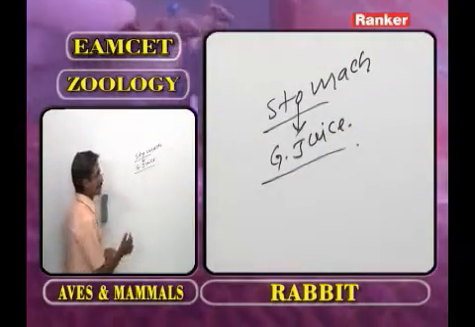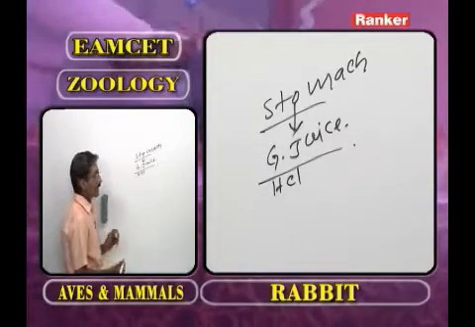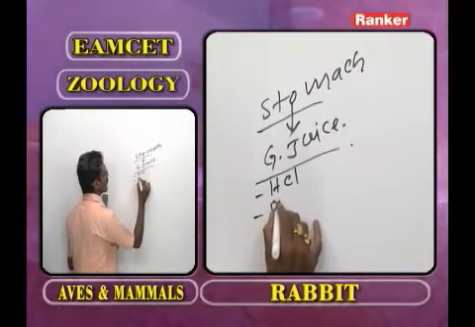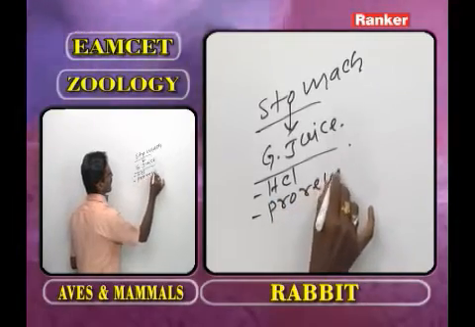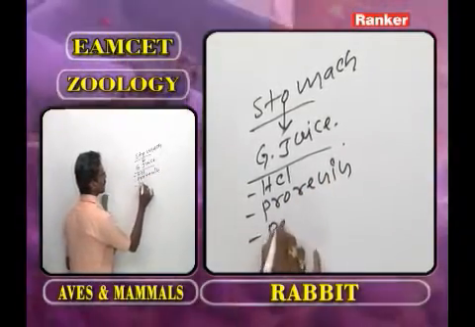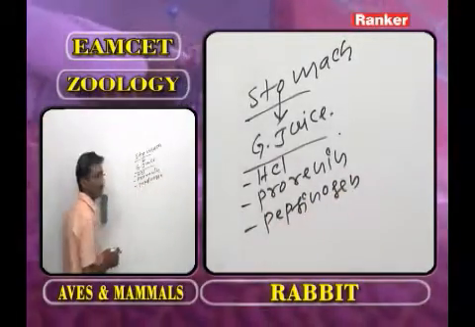Now in the gastric juice, what are the components? One is HCl, it is acid. What is the second one? The prorenin, that is the inactive form of renin, and pepsinogen, the inactive form of pepsin.